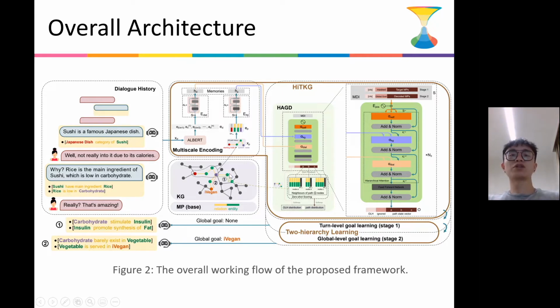The knowledge graph history can be seen as the knowledge graph trajectory, as shown in this box. In this box, the red entity, the green ones, the purple one, and the connections between them form a knowledge graph trajectory.